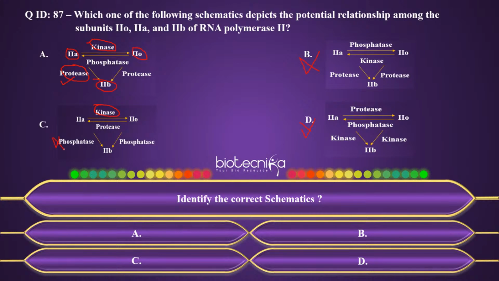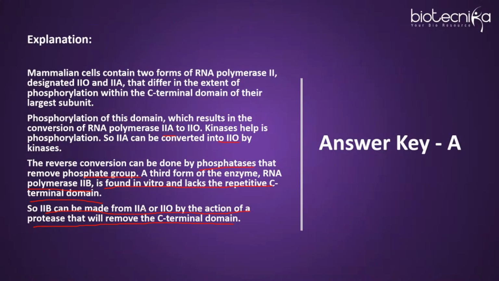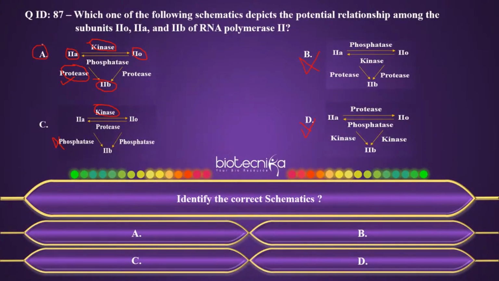Phosphatase is not responsible here, because it is used to remove the phosphate group. The protease removes the C-terminal domain itself. As a result, 2A and 2O will be converted into 2B. So the protease enzyme is responsible here. So option 1, that is option A, would be the correct option here. This option is the correct one.